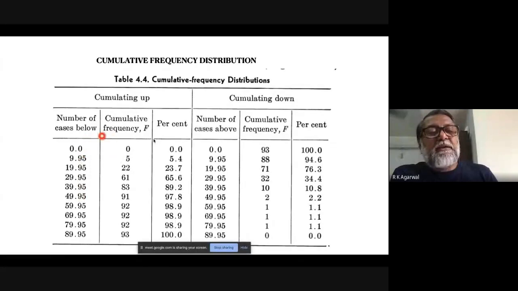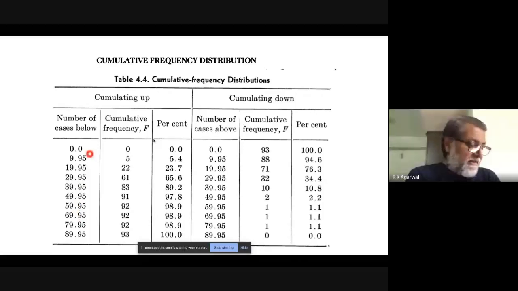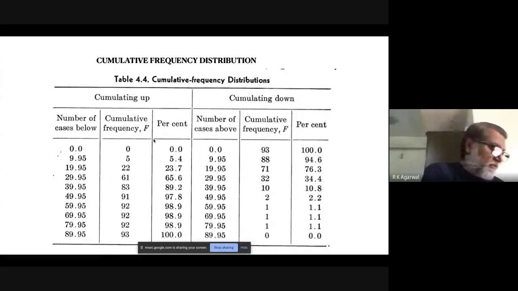So the classes are 0 to 9.95, 20, 30, 40, 50, 60, 70. Now, what does this 9.95 mean? What does this 19.95 mean? Suppose you have a class starting from 0 to 10.